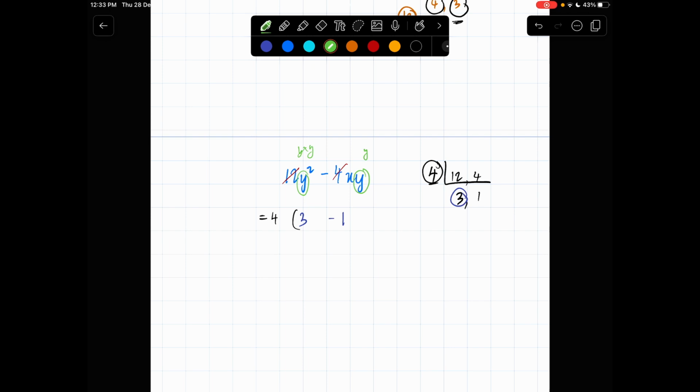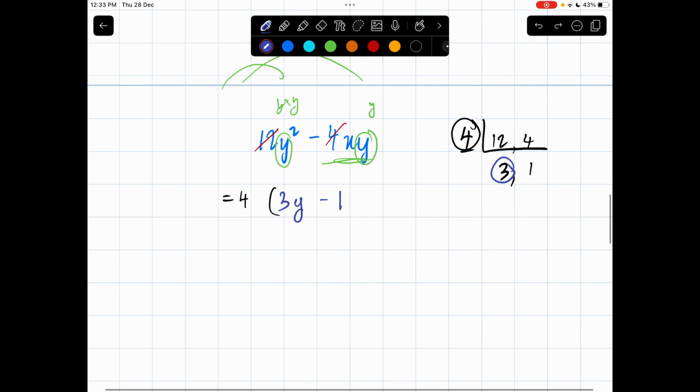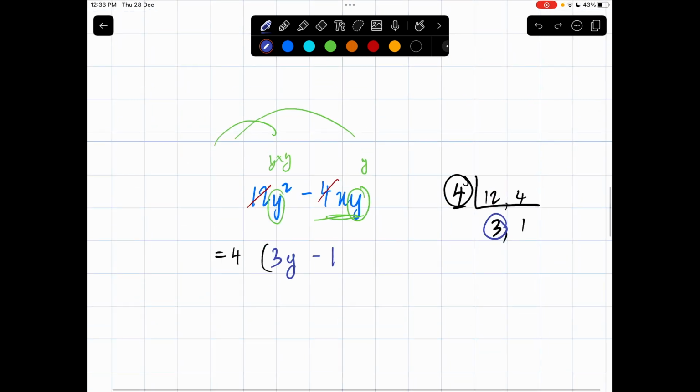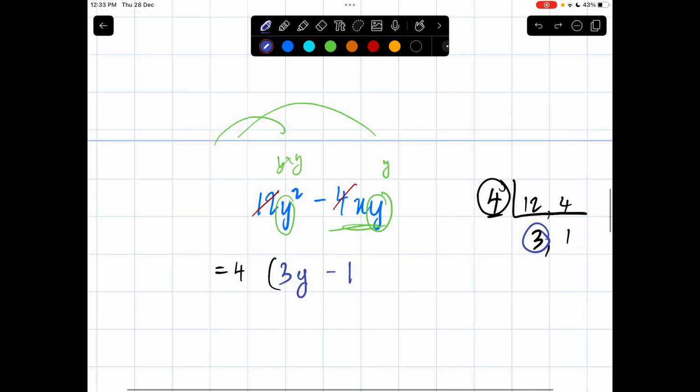If we take out the common factor from both, it's wise to take one y out because this term only has one y. When you take out one y from both, we will have one y remaining here, and no y's here. So we get 3y minus 1, and then as you can notice here, we will have x.